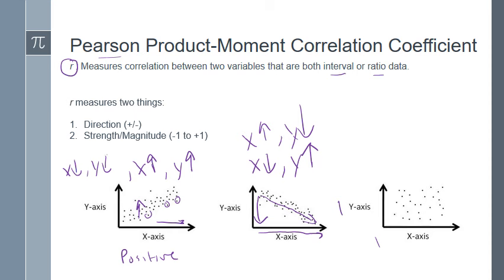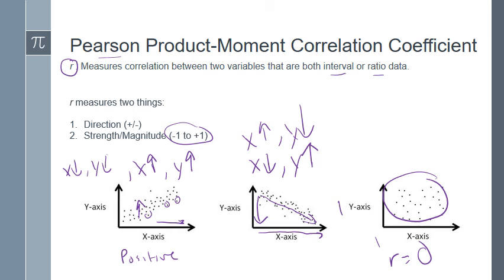Then you have the strength and magnitude. So when you look at an R, or a Pearson Product-Moment Correlation coefficient, it's going to be on a scale of -1 to +1, okay? So in a zero correlation standpoint, like here, R would be 0, right? There's no real correspondence.